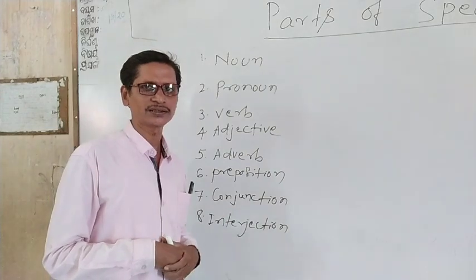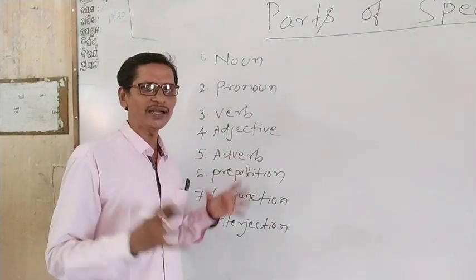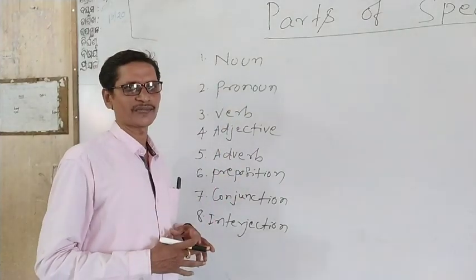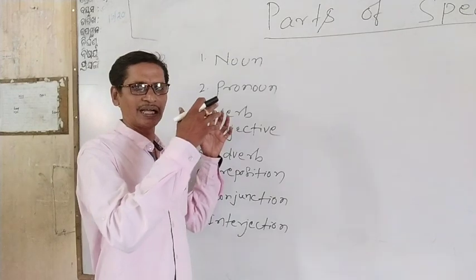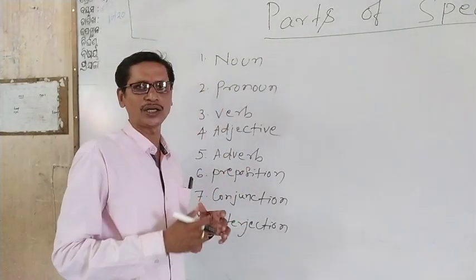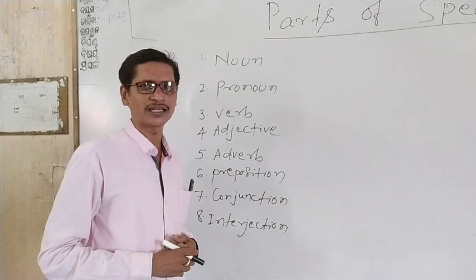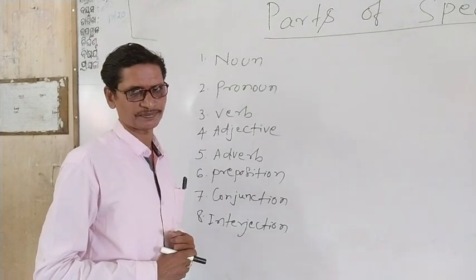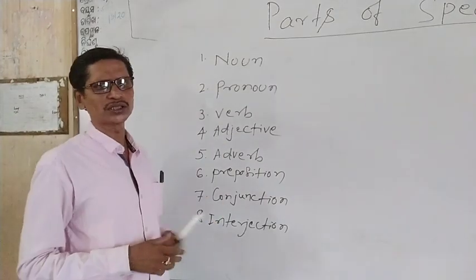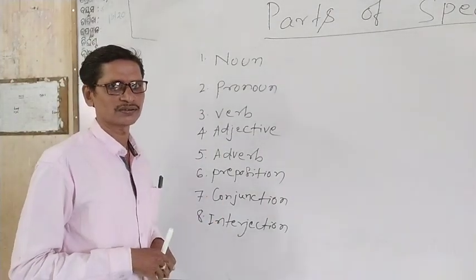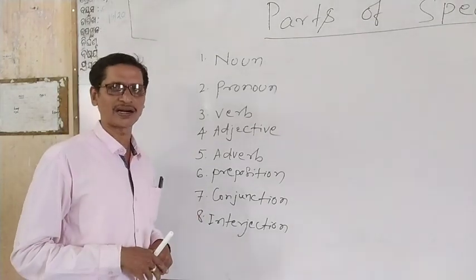In today's class, we will have introductory ideas about them, and in subsequent classes we will discuss them individually, so that we can understand them better and confidently use them in our speech. Okay? So let's come to it. What are those parts of speech? Normally, we have 8 different parts.